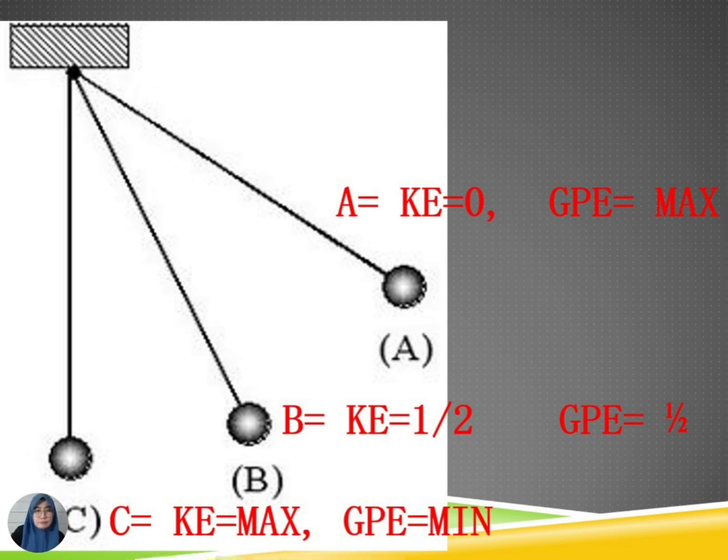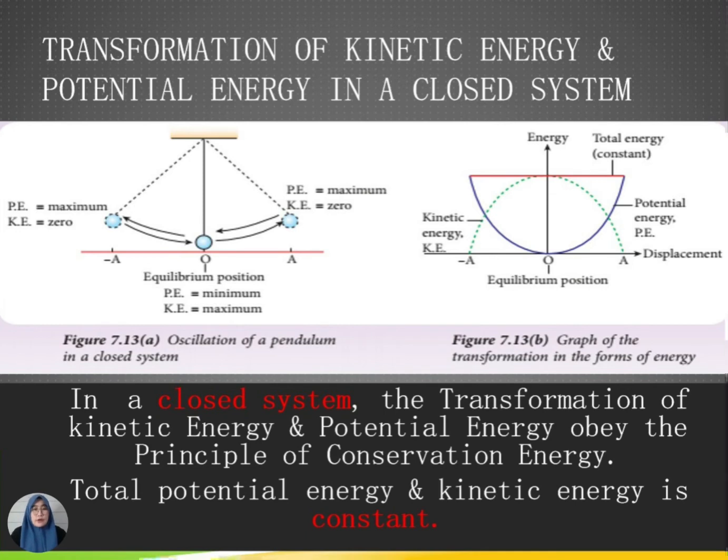Next, this is very important. What is a closed system? Look here, transformation of kinetic energy and potential energy in a closed system. What you can see here is the total energy will be constant in a closed system.